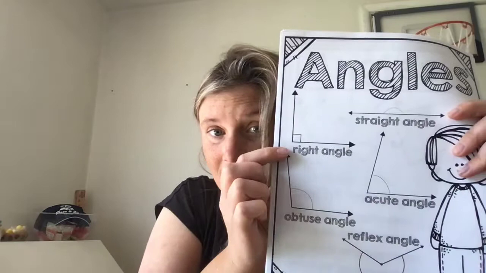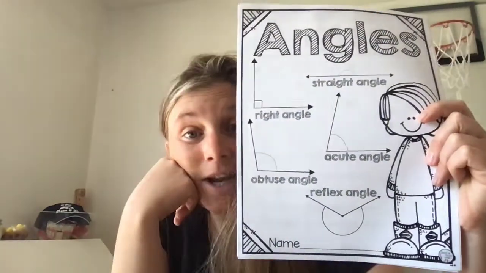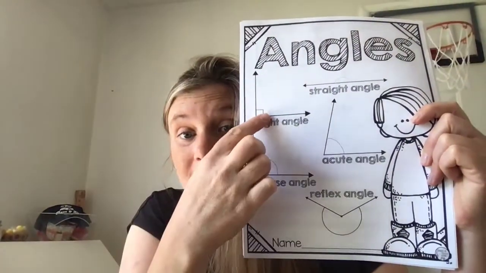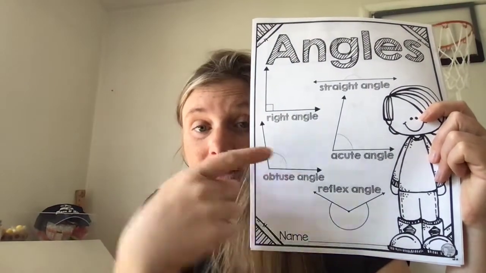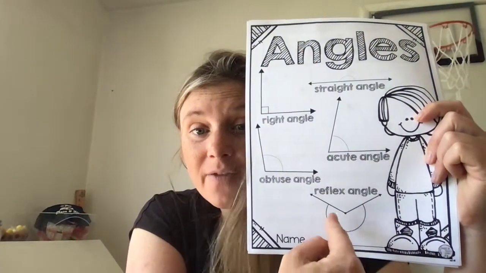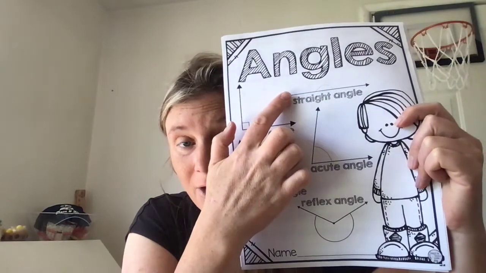There's an angle. Here's an angle. And here's an angle. Now let's look. These angles are named, aren't they? Right angle, obtuse angle, acute angle, reflex angle, and straight angle. Let's see what that means.